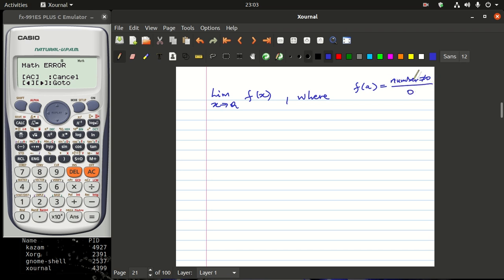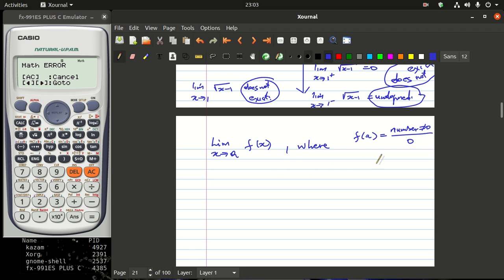So in the numerator I get a number that is not equal to 0, but in the denominator I get a 0. How do we evaluate those limits if you get something like this?